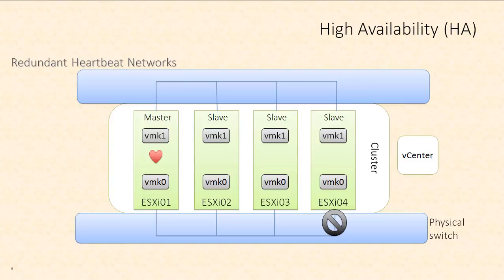And preferably, they're able to communicate over a completely separate physical network, so that a failure of the physical network that interconnects the first management VM kernel ports won't affect the other management VM kernel ports. Now, this is an important design best practice that you should always follow when you enable high availability.